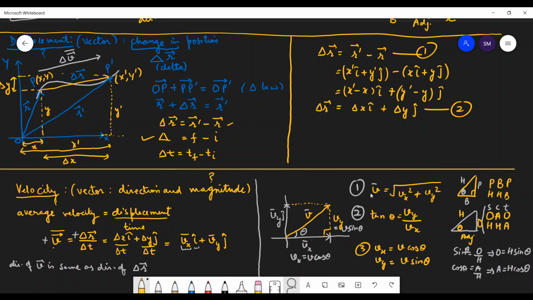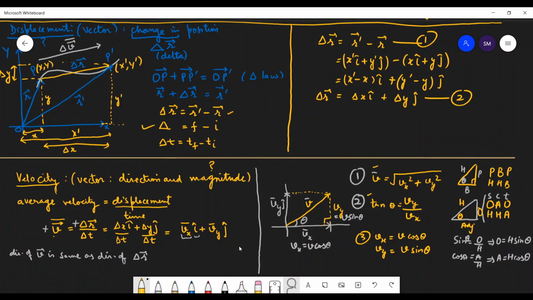So we have done everything now: the magnitude, the direction, and so this was all about the average velocity. Now I am interested in the velocity at this particular point P. What is the velocity at P? This was the average velocity that I calculated while moving from point P to P dash.